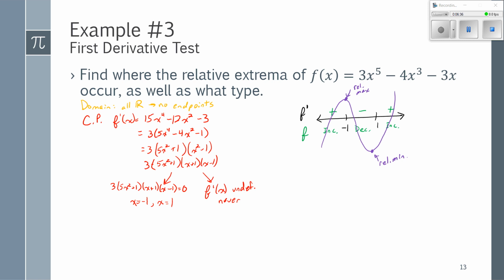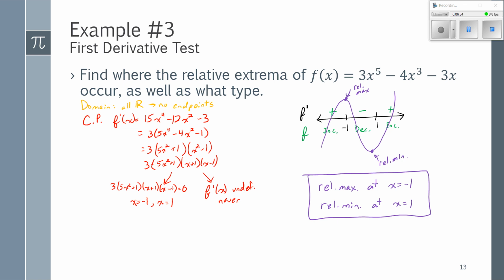So I can now answer the question of where are the relative extrema and what type. I have a relative max at x equals -1. I have a relative min at x equals +1. I don't need to give the function values because they don't ask me what the extrema are. They just ask where.